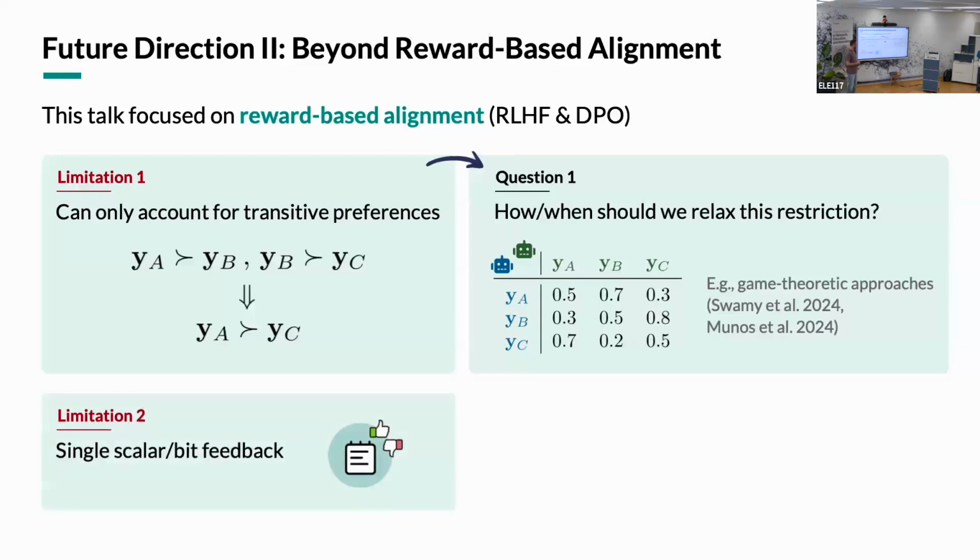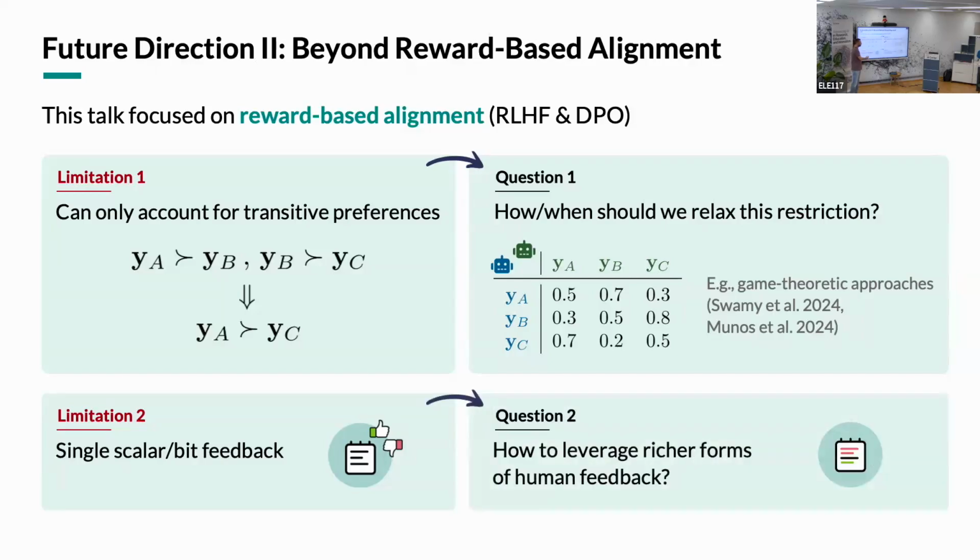A more high-level issue, both with reward-based alignment and game theoretic approaches, is that they rely on very limited feedback. Okay, you get only a single scalar or bit, per response, or even a pair of responses. And it's going to be important to leverage richer forms, more structured forms of human feedback. Intuitively, we want to get more information for each unit of human effort.